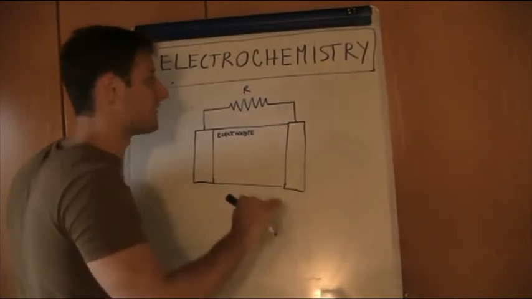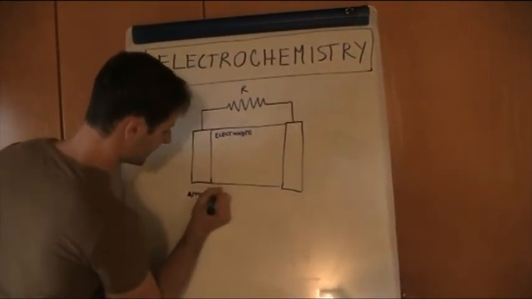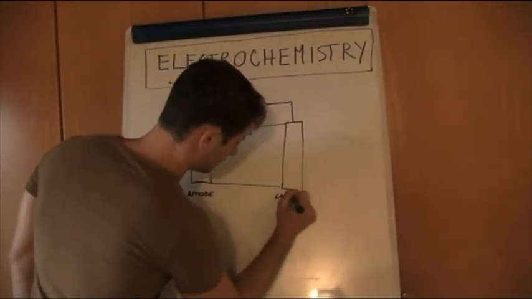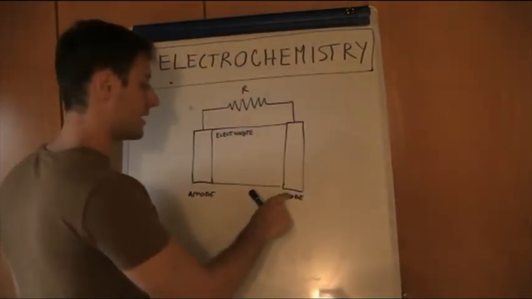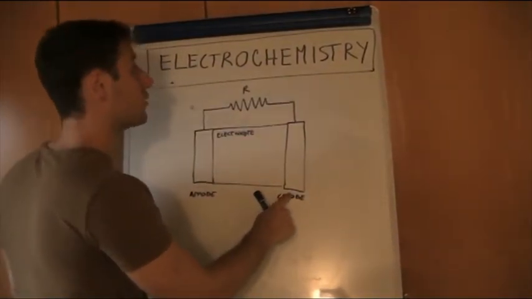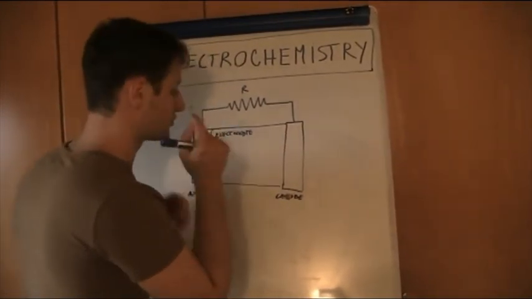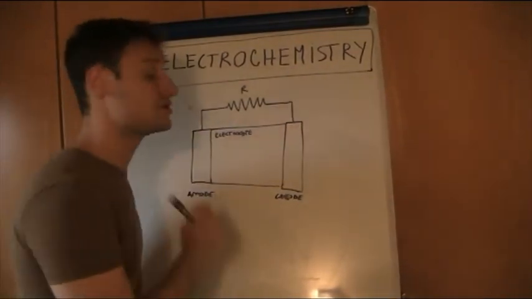So in general, we have always an anode and a cathode. So we have a place where the reduction reaction is occurring, and we have a place where an oxidation is occurring.